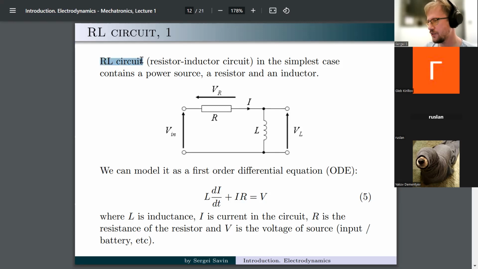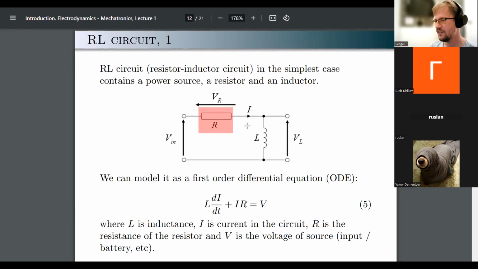So, RL circuit, resistor-inductor circuit. That is the simplest type of circuit, and the most primitive RL circuit looks like this. You can see a resistor here. You can have an inductor here.